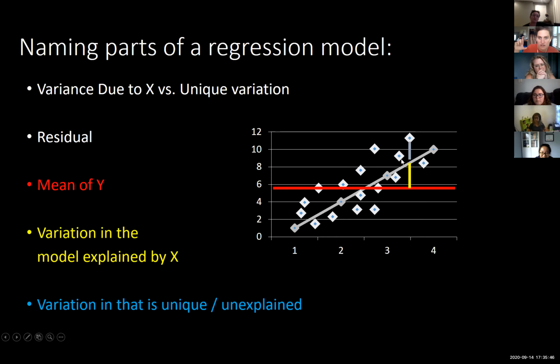That summed up to be the total error. But now in this new model, it's just this blue line. So I've explained this much of the variability of the error variance here. So I've reduced the error for this point by that much.